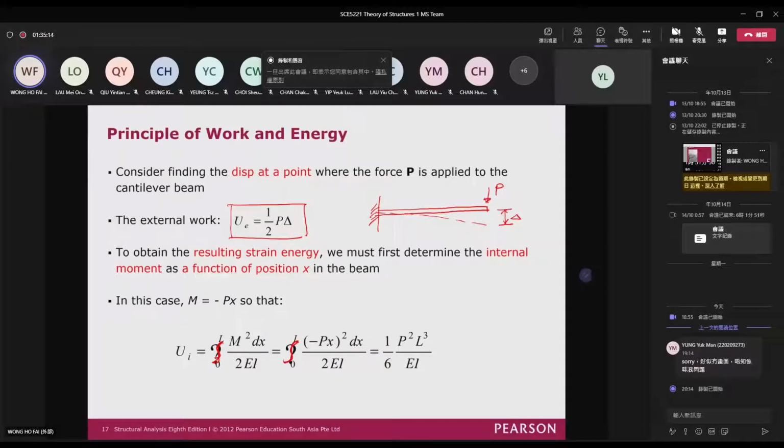So we consider that there is a section X here. So here it is the P, and this is the distance X. And then here is the shear, and here is the moment.